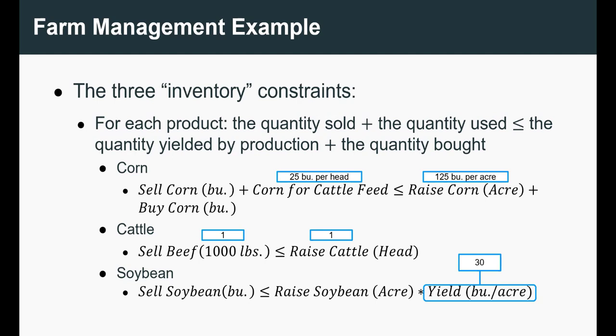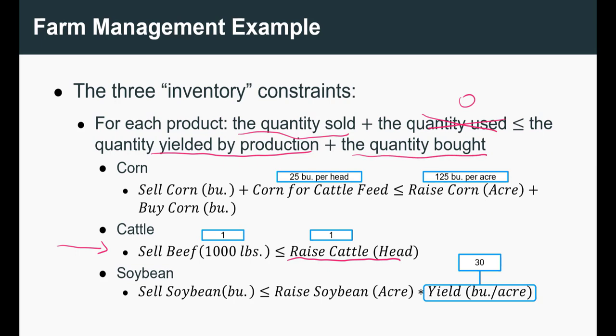So let's look at cattle first. For cattle, it's easy. There's quantities sold, and there's no quantities used. All of the beef produced is sold. There's no consumption by the producer or any other use of it, so quantities used is 0. The quantities yielded by production is yielded by raising cattle.